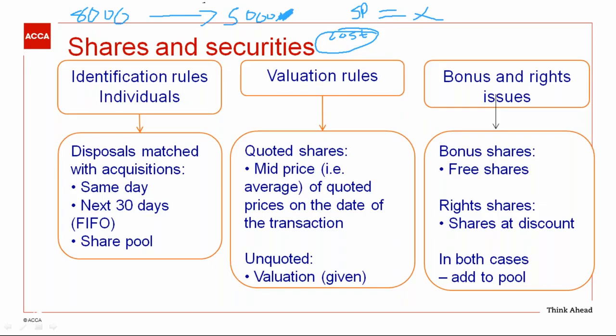Assume you bought the 8,000 shares on different occasions: 1,000 shares 2 years ago, 3,000 shares 1 year ago, then another 3,000 shares on the date of disposal, and another 1,000 shares within 30 days from the date of disposal.